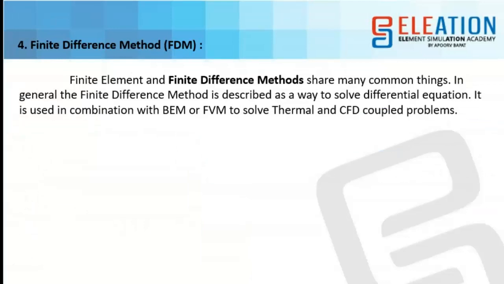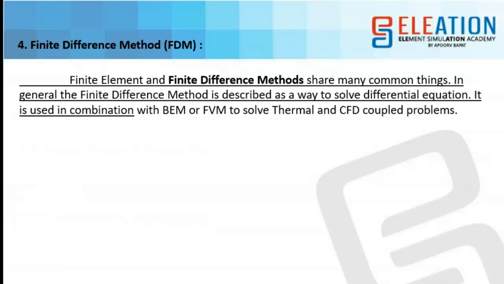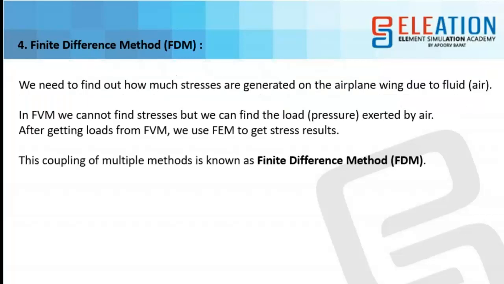Let's see finite difference method. Finite element and finite difference method share many common things. In general, the finite difference method is described as a way to solve differential equations. It is used in combination with boundary element method or finite volume to solve thermal or CFD coupled problems.